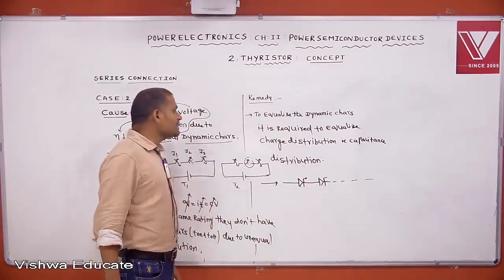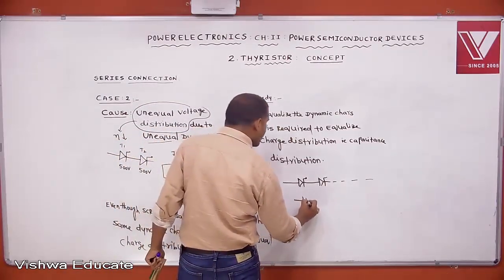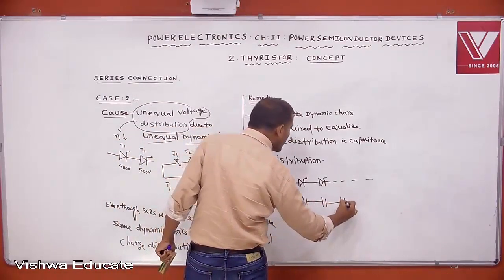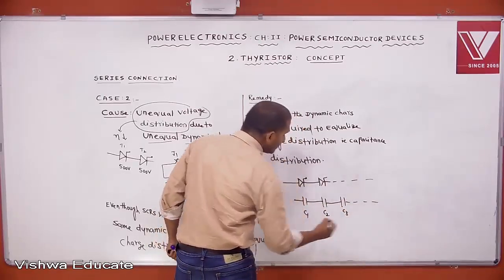If n number of SCRs are connected in series, each SCR offers different values of capacitance: this is C1, this is C2, this is C3 and so on.